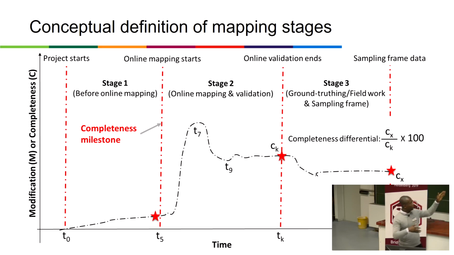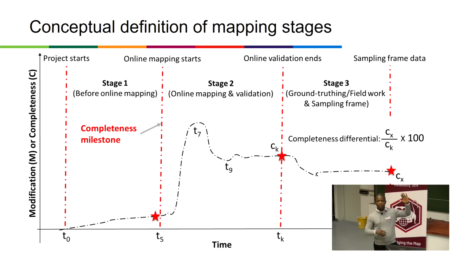We have these red lines there as completeness milestones, and at those points we estimate the completeness, that is, the existence of features. We found it interesting also to compute the ratio of the completeness milestone estimate at stage 3 over that of stage 2.